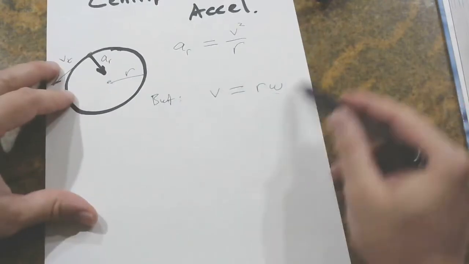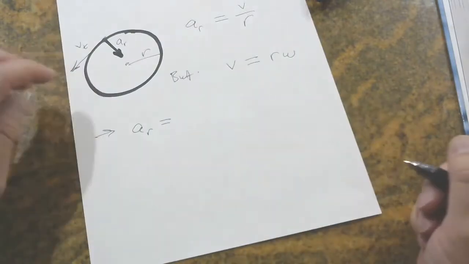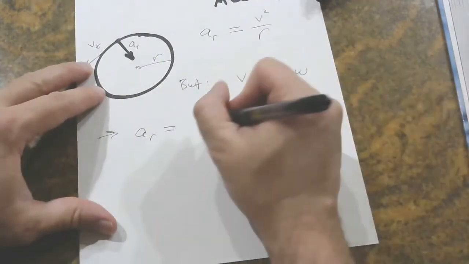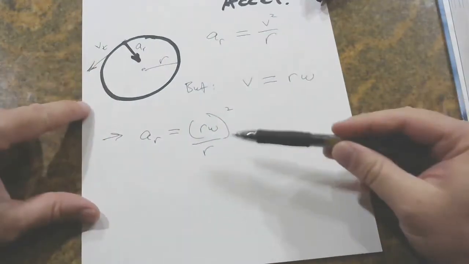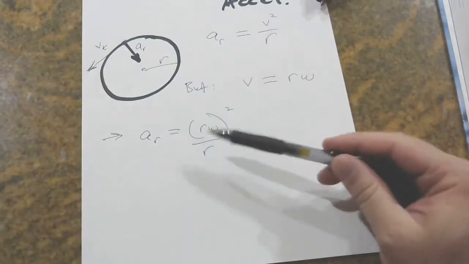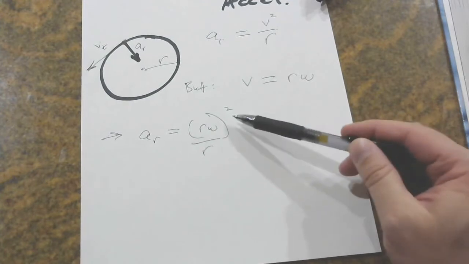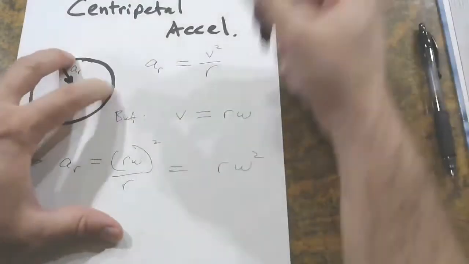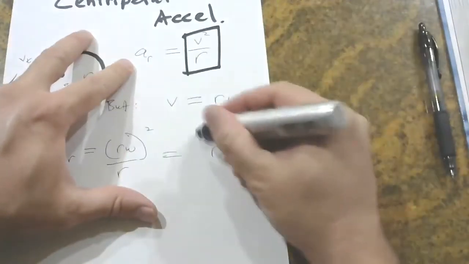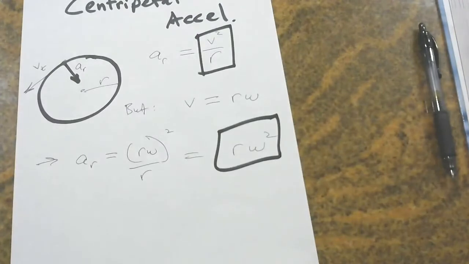So we could plug that in here and find that the centripetal acceleration could also be described as (r omega) squared over r. Now, when we square everything inside the parentheses, we will get an r squared. This r downstairs cancels one of the r's upstairs, and we're left with r omega squared. So I'll put a box around these. These are equivalent ways of calculating the centripetal acceleration.